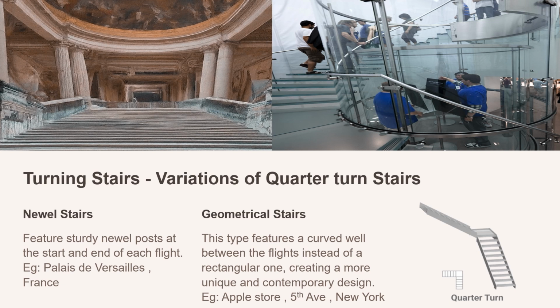An example can be found in the Apple store on 5th Avenue, New York. The glass staircase there is a stunning piece of modern architecture that embodies the clean, seamless look of geometrical quarter turn stairs.